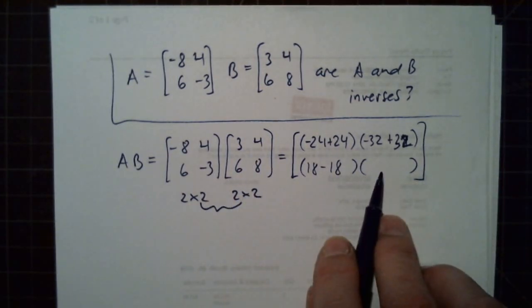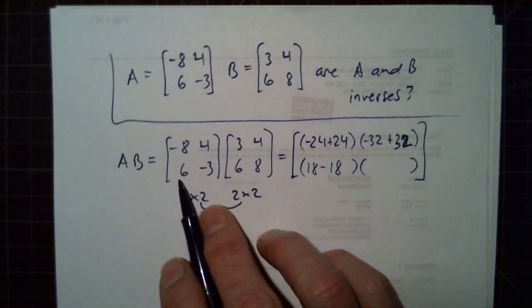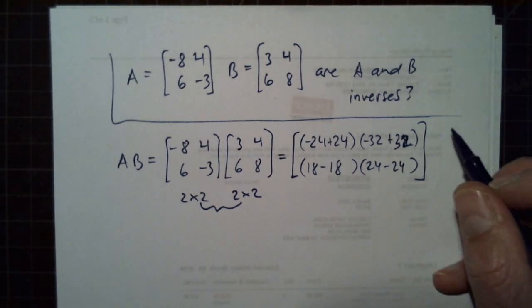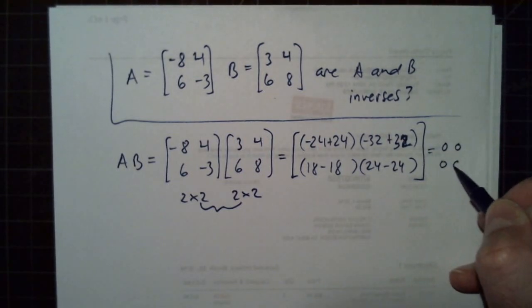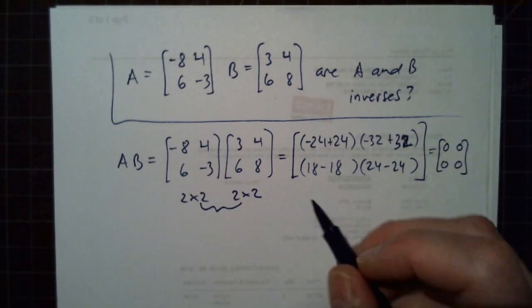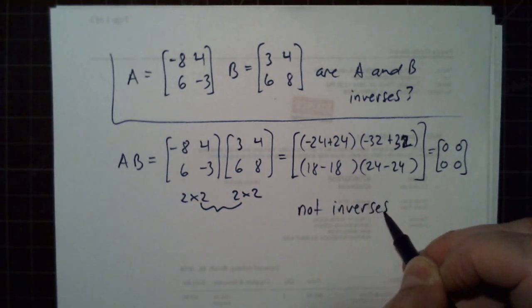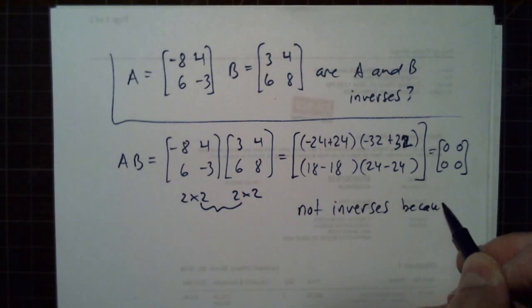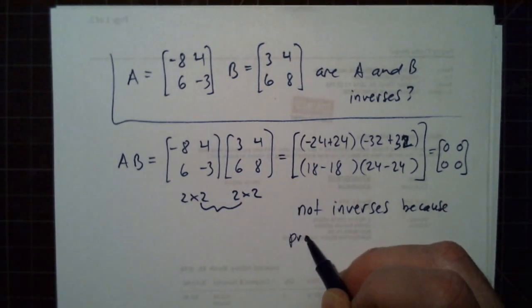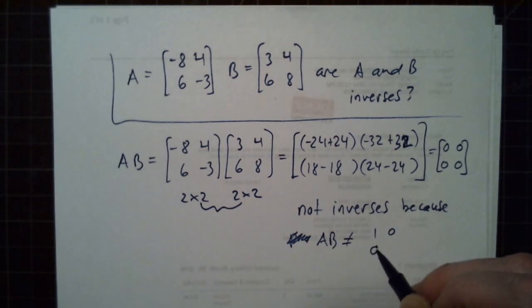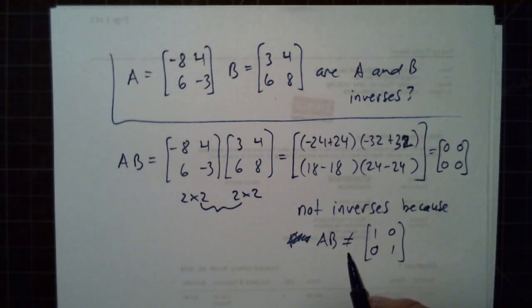And then this is row 2, column 2, 24 minus 24. Not inverses. If the product is not the identity matrix, then they're not inverses.